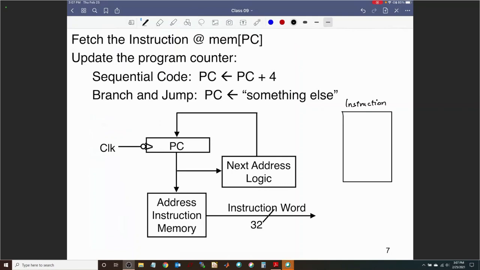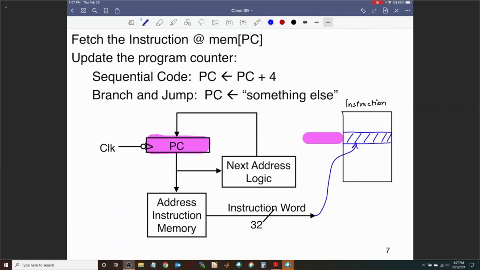then my current program counter is essentially pointing to, let me highlight this, the address of the instruction. So whatever is over here will be coming out.